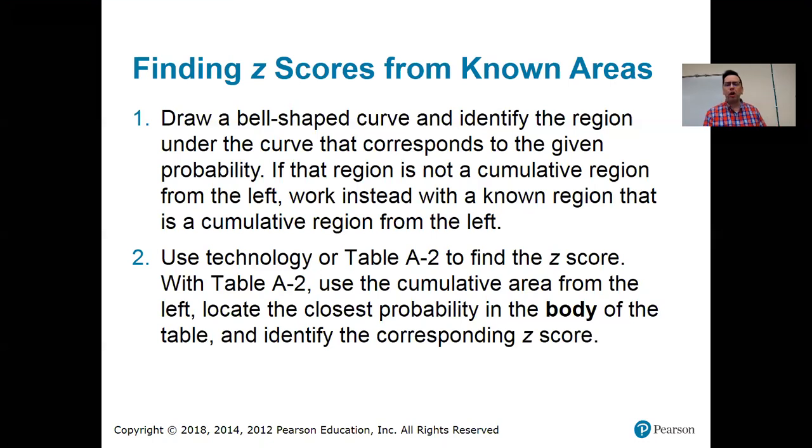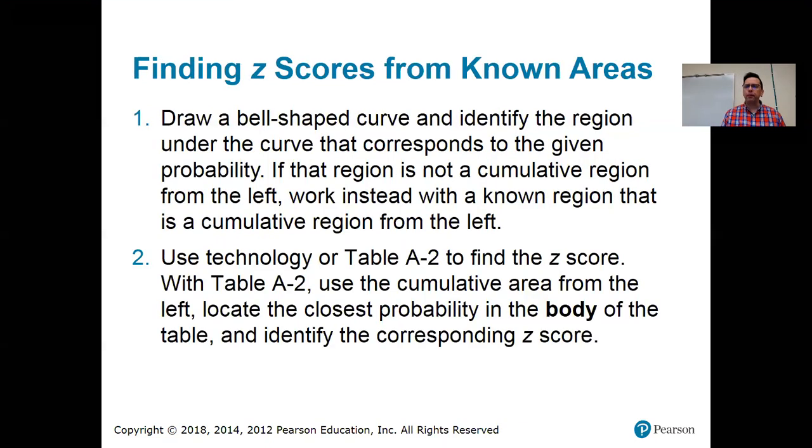There is something called interpolation, where you estimate the best z-score that goes with that specific area that you're looking for. I used to teach that in one of my other classes. I think it's getting a little obsolete because I would rather use technology if I'm trying to be that exact.